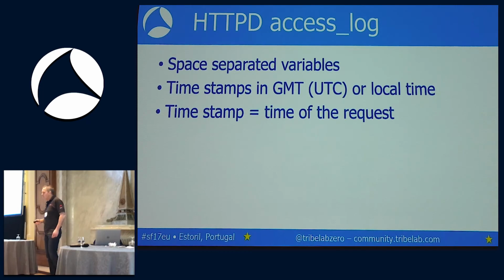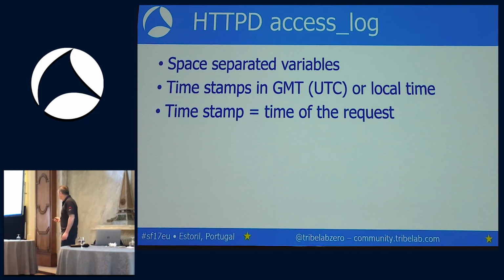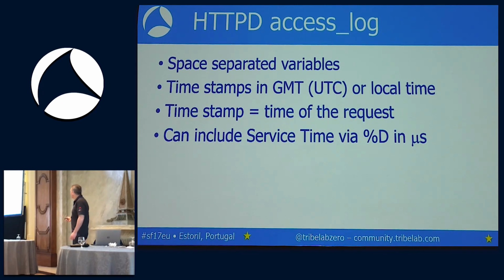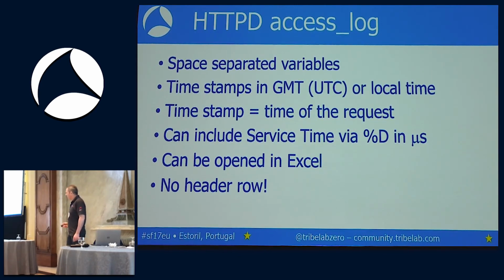The timestamp actually shows the time the request was received, so slightly different to the IIS version. You can include service time with an additional log parameter called %d, and that will give you the service time in microseconds. You can open it in Excel. There isn't a header row, which is a bit annoying.